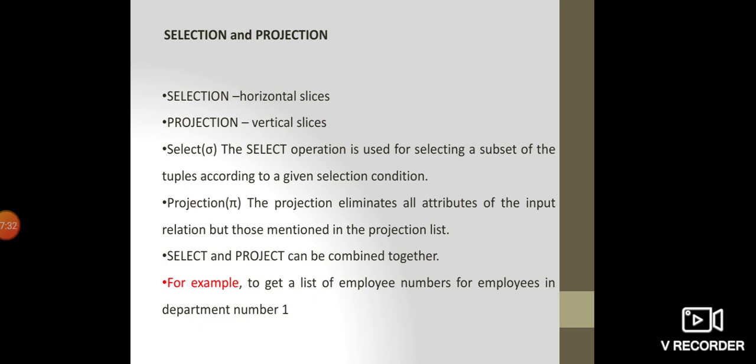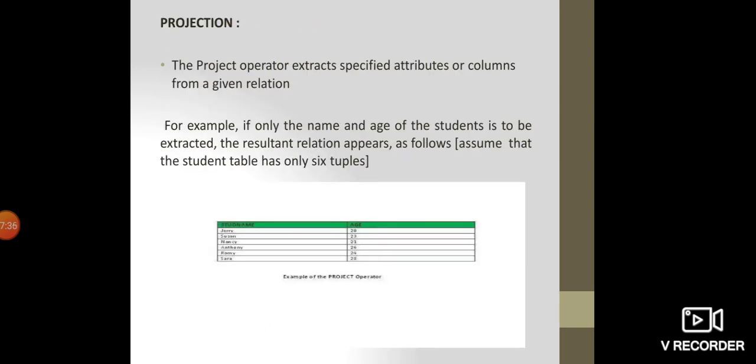So you're combining projection and selection in this case. The other one is projection. Projection operator extracts specified attributes or columns from a given relation. For example, if you want to specify the student name and age, that alone will be displayed. Whatever column you want, that alone will be displayed.